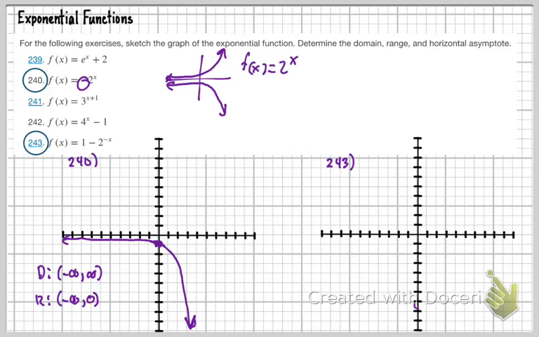So now the horizontal asymptote, instead of 0, is going to be at 1. And then this thing moves up. And actually it crosses at 0 then, which means I've got to draw it a little better.